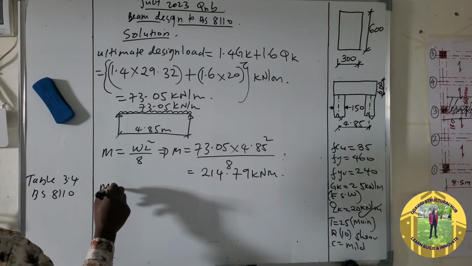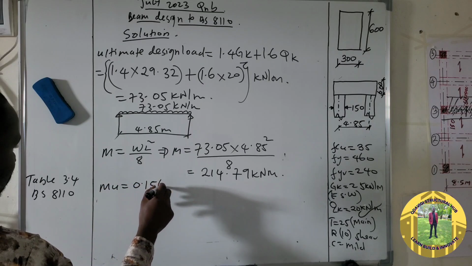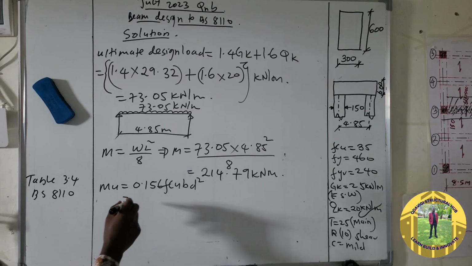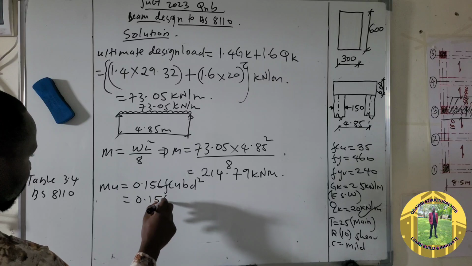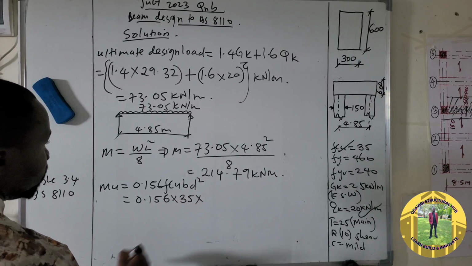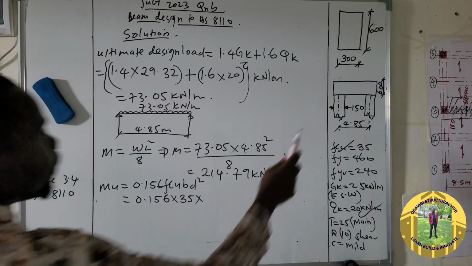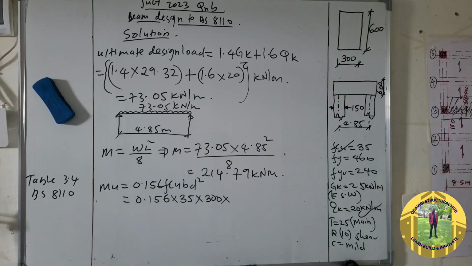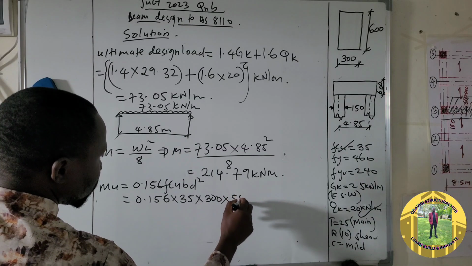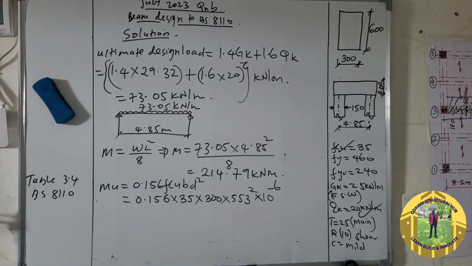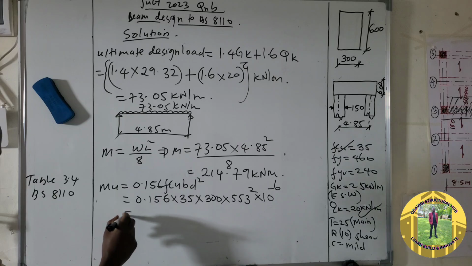After calculating the ultimate design moment, we now calculate the moment of resistance. So Mu is equal to 0.156 FCU B D square. This is equal to 0.156 times FCU, which is 35, times B, which is 300, times D, which we have already calculated, 553 square, times 10 to the power negative 6, so that you can get the answer in kilonewton meter.